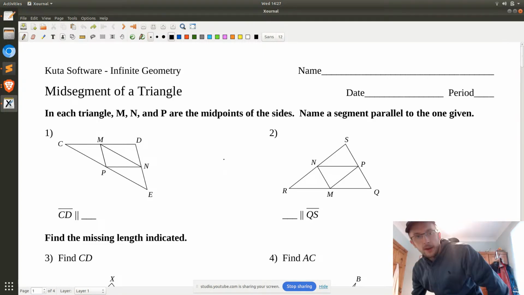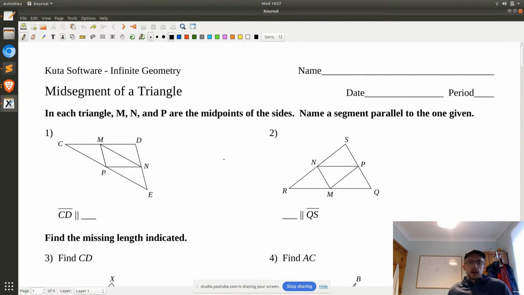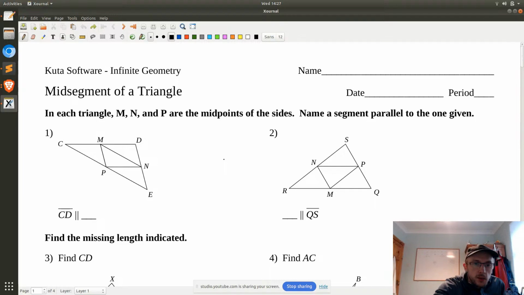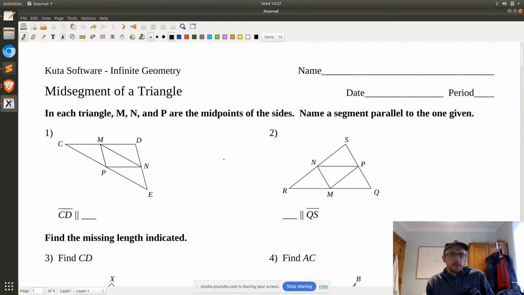In each triangle, M, N, and P are the midpoints of the sides. Name a segment parallel to the one given. So the line segment PN is parallel to the line segment CD.